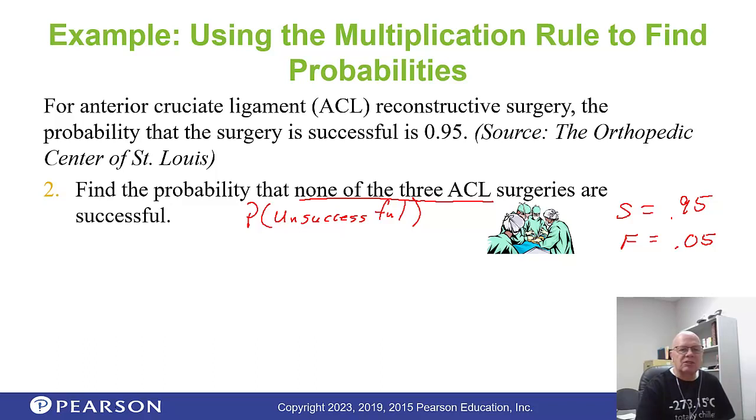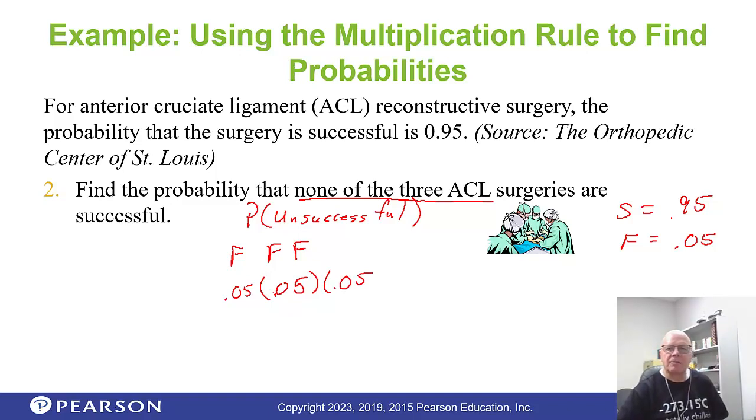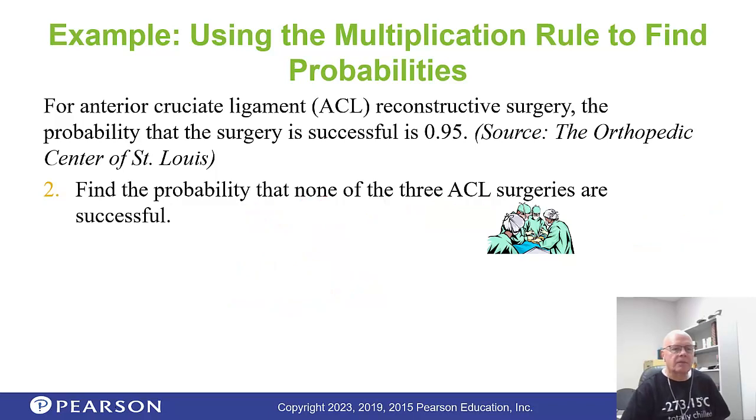None of them are successful means you have a failure, and then a failure, and then a failure. So it's 0.05 times 0.05 times 0.05. And let me clear this out because it's going to be messy in a second. Okay, there we go.